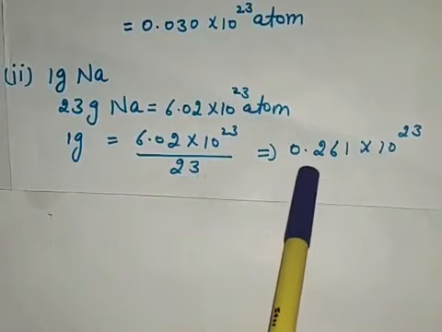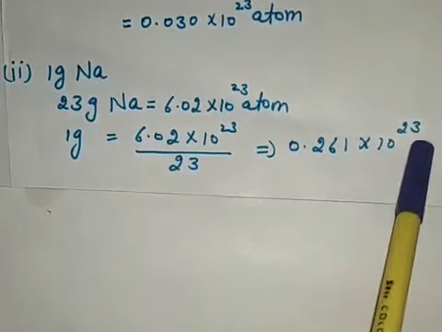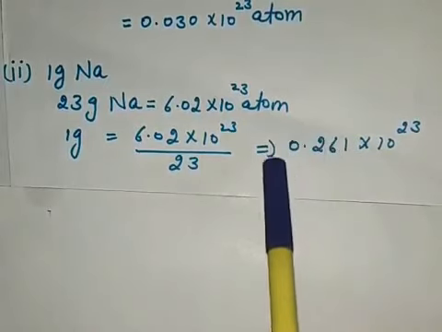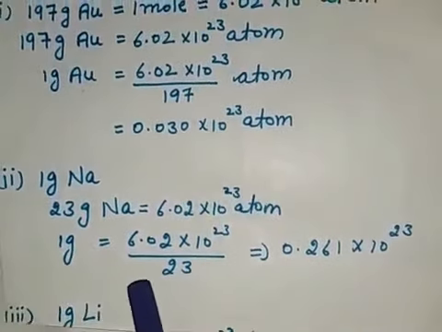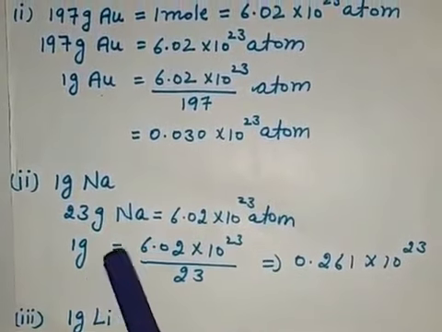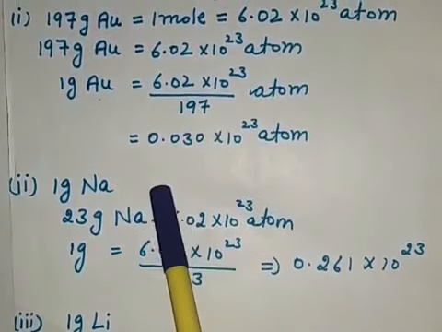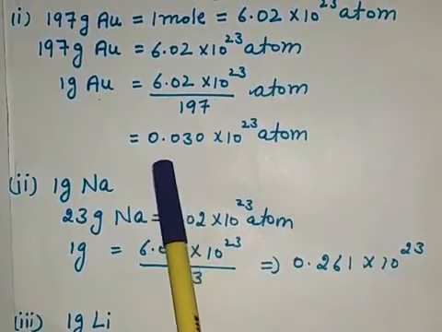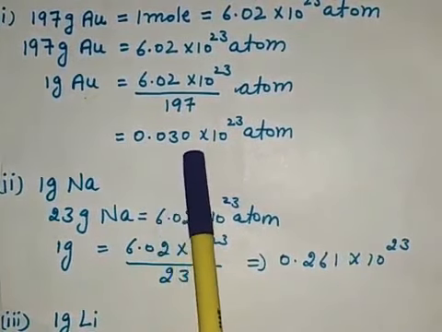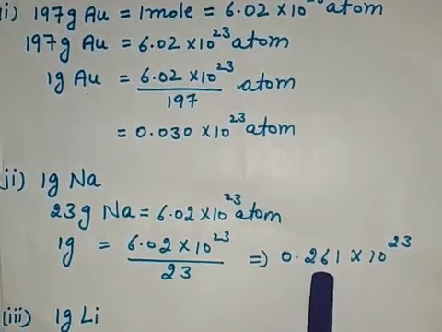When you will solve this, it will come equal to 0.261 into 10 to the power 23. Now as you can see that in first part, number of atoms present in gold, it was 0.030 and in this it is 0.2.